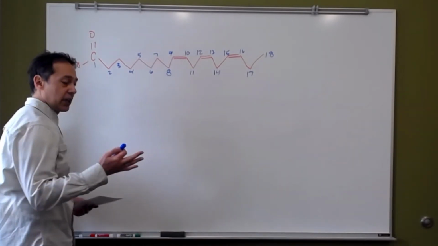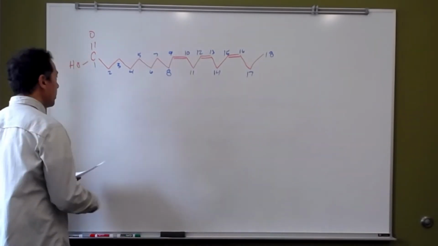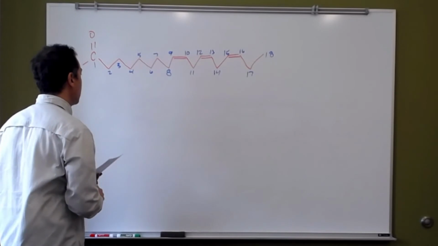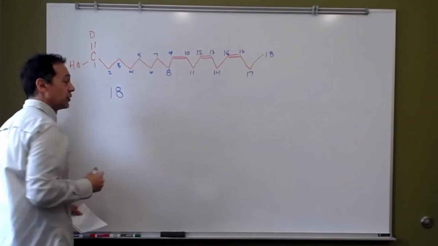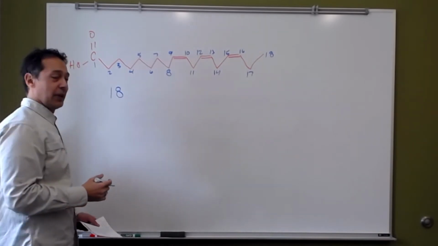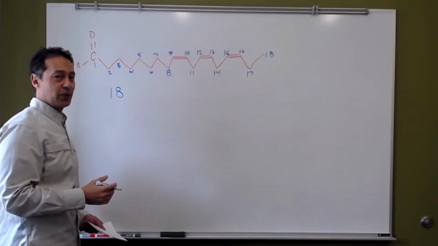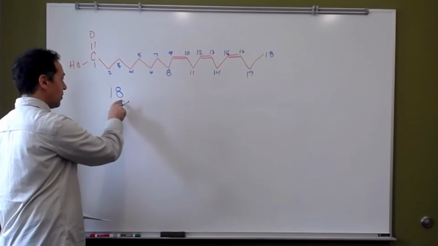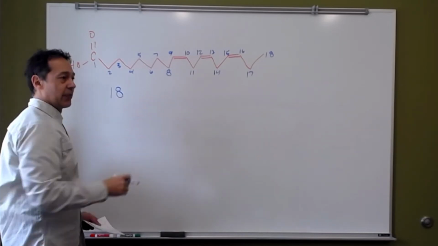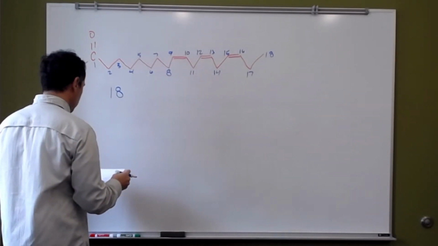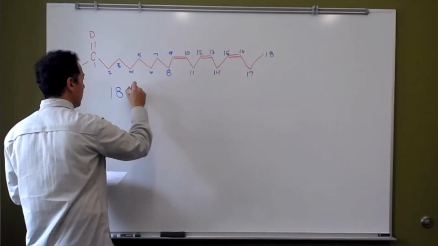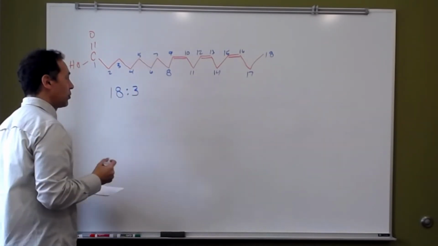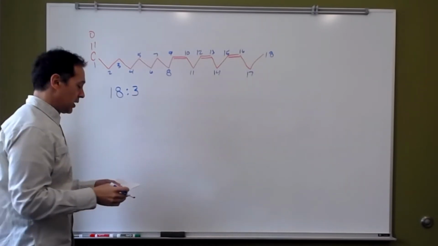So there's a chemical shorthand for this. What we do is we count up all the carbon atoms, and we call this thing 18, because there's 18 carbon atoms. That makes it easier, right? As opposed to calling it octodeca-something-triene. So we're going to go 18, and then we put a 3 here, and that 3 tells us that there's 3 double bonds.